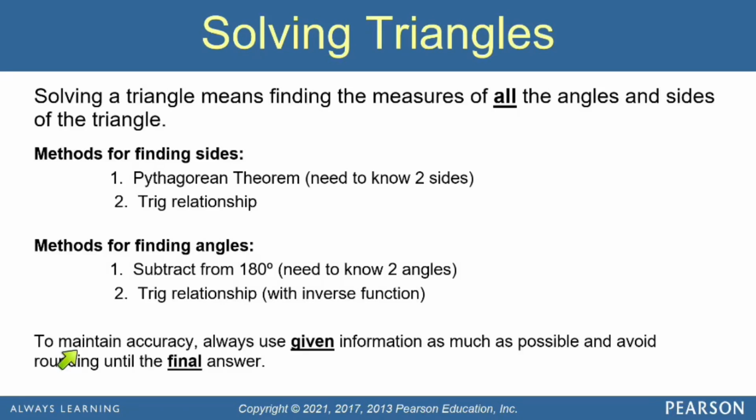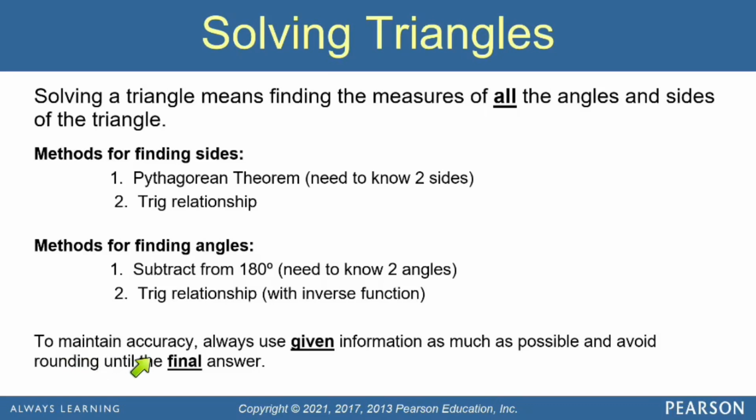Now, one problem that we run into when we're solving right triangles or when we're working word problems is that if we find an answer and we round off, and then we use that rounded off answer to find another answer, then we have rounding on rounding, and sometimes the rounding errors can add up and throw us way off the correct answer.